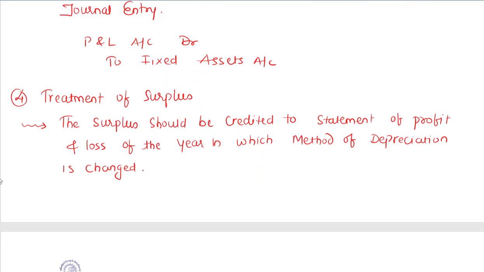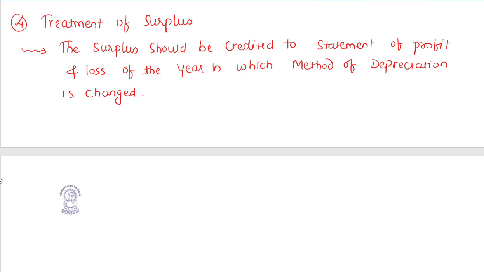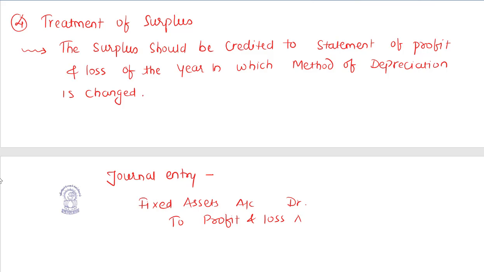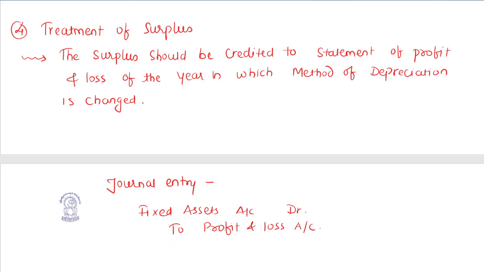Let us see the journal entry. Fixed assets account debited to profit and loss account. I believe you must have understood.